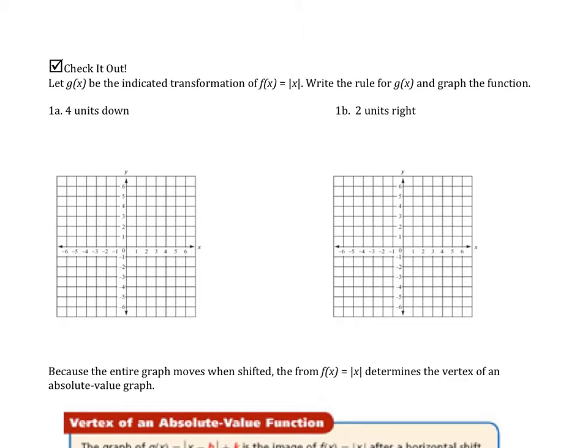Okay, so pause the video and try the next 2. Remember, up or down goes outside the absolute value, left or right goes inside. Right will be a minus, left would be a plus.